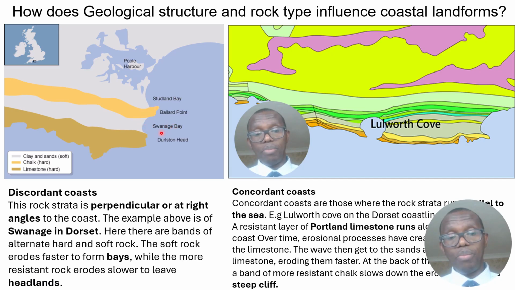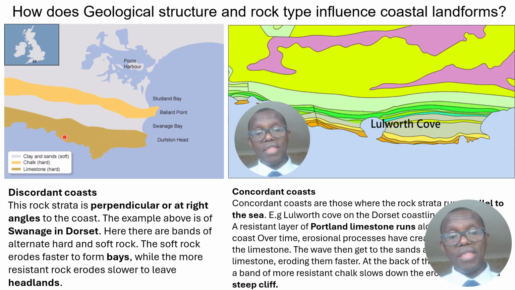So, for example, we have this middle layer here, which is clay and sands. Now, these are quite unconsolidated, not as consolidated as the other two. So this one is going to be softer and a lot easier to erode. And as you can see, that has eroded faster here to form a bay.